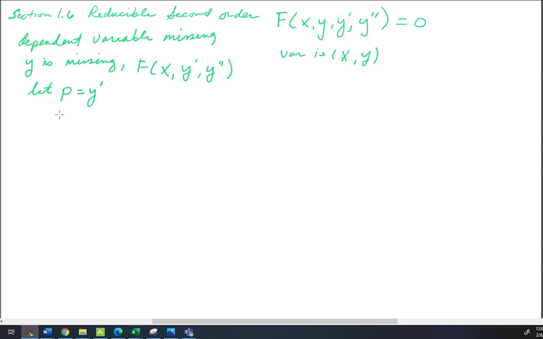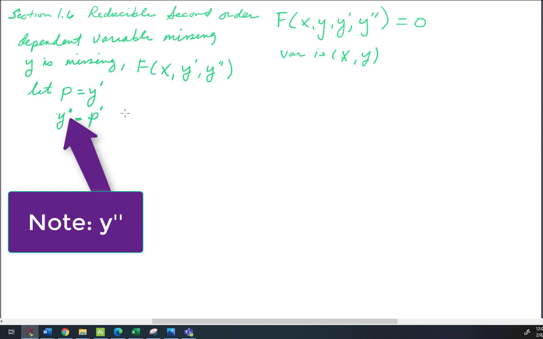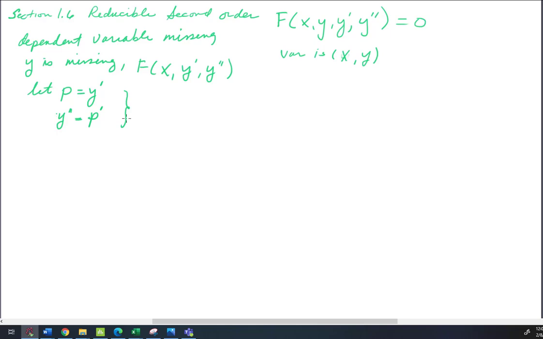Now if we do that, then y double prime would be equal to p prime, and I see that my equation would look like f of x, p, and p prime, which is a first order differential equation, and the variables would be x and p.